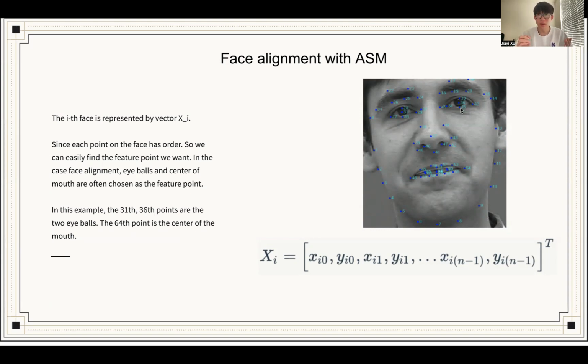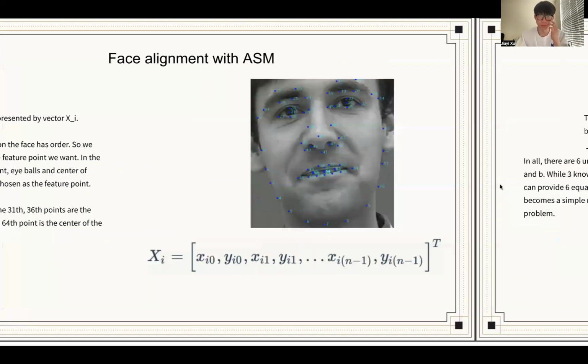For every image in our data set, 31 and 36 will be the eyeballs of the face, no matter what it is. For face alignment with three feature points, most likely we'll use the eyeballs and the center of the mouth. In this example, it should be 31, 36, and the center of the mouth should be 64. I think it's not that clear, but it should be 64.